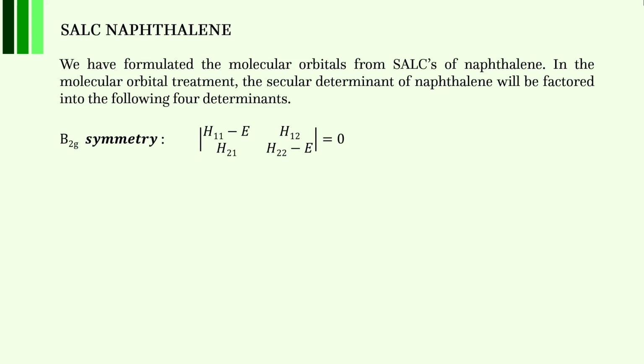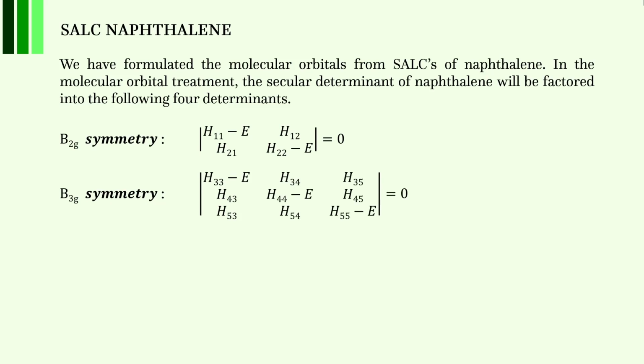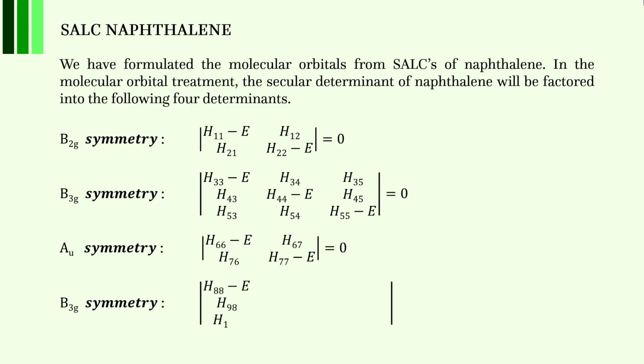It is group theory which allows you to simplify it, and therefore using this concept, the 10 by 10 matrix would be decomposed into B2g symmetry that would result in 2 solutions of energy, B3g symmetry that would result in 3 solutions of energy, Au would result in 2 solutions of energy, and B1u again would result in 3 solutions of energy.